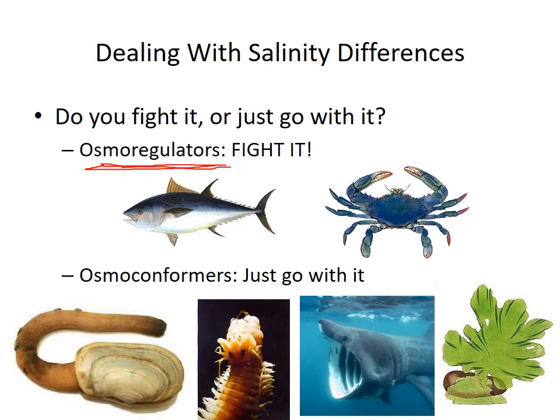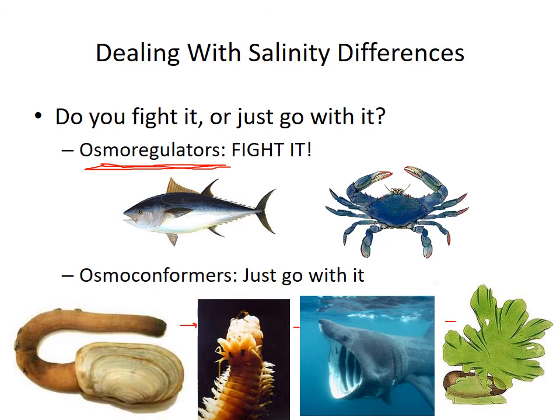And then there's osmoconformers, which have a similar concentration of salt and water in their bodies as whatever is happening outside of them, and they just have to adapt to whatever is happening outside of them. That system can work just fine as well, and may be a little bit less energetically costly than osmoregulation.